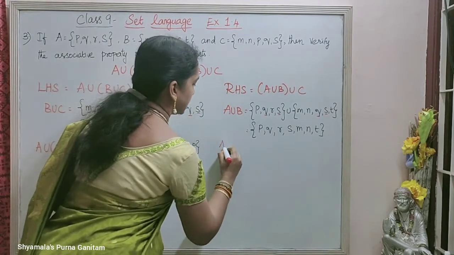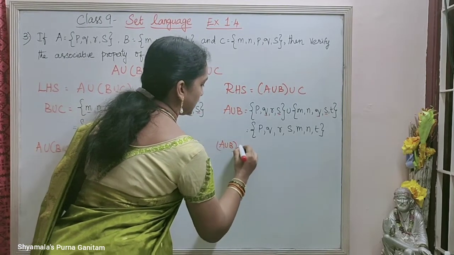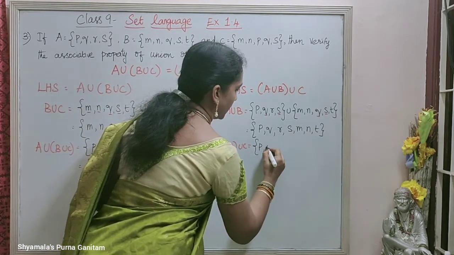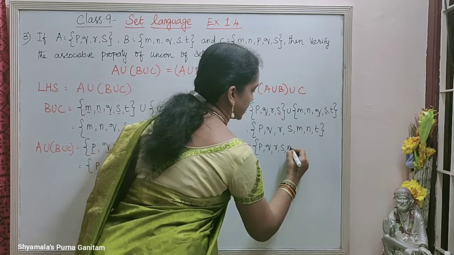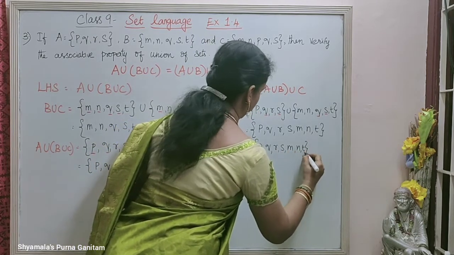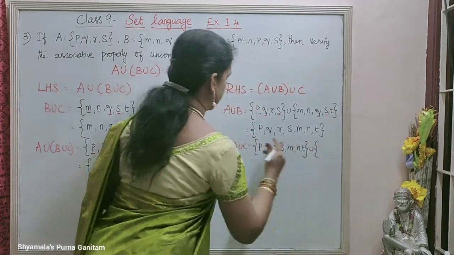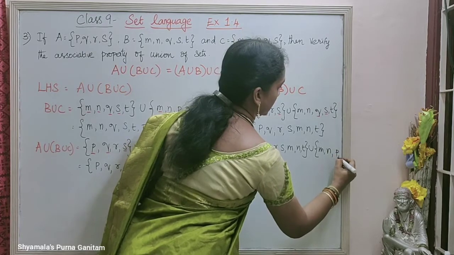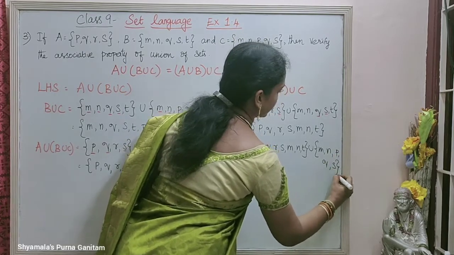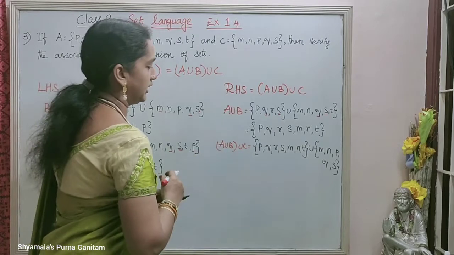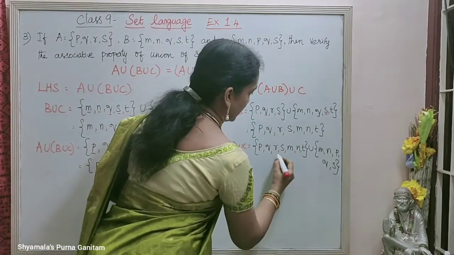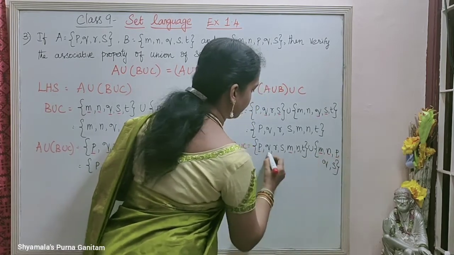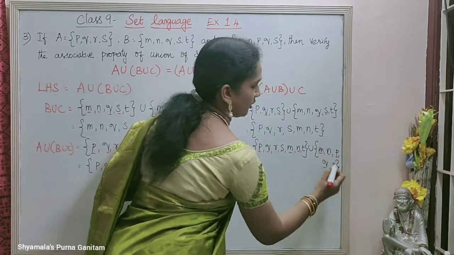Then next one is (A union B) union C. A union B is what we got: P, Q, R, S, M, N, T. Union C, where set C is {M, N, P, Q, S}. Now we will combine both and write. M is common, N is common, P is common, Q is common, S is common.